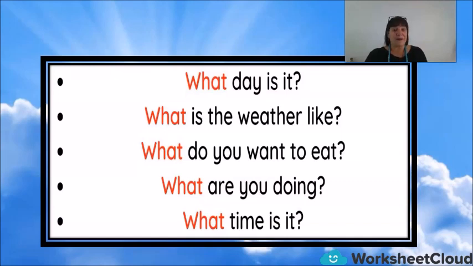So you would answer by saying, oh, how about some sushi? Or how about a burger? Perhaps you would like a pizza. What are you doing? I am riding my bike. Or I am going to the mall. It's a question, needs a question mark, and an answer.